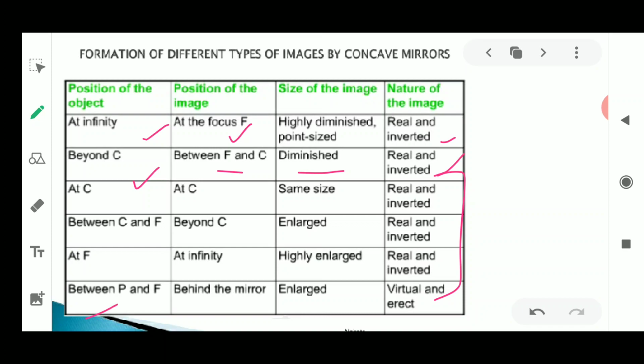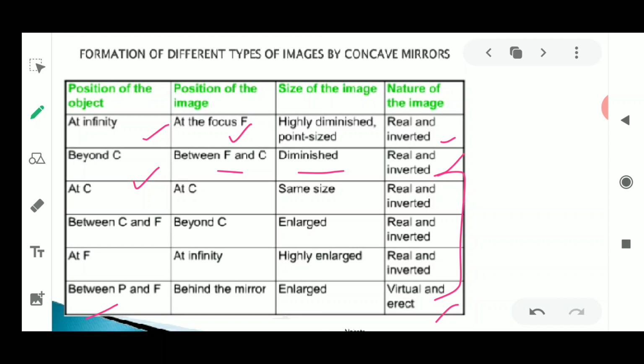Except for this last case, that is when the object is placed between pole and focus, a virtual and erect image will be obtained, whereas in all other cases a real and inverted image will be obtained, whether the object is kept at infinity, or beyond C, or at C, or between center of curvature and focus, or at focus.